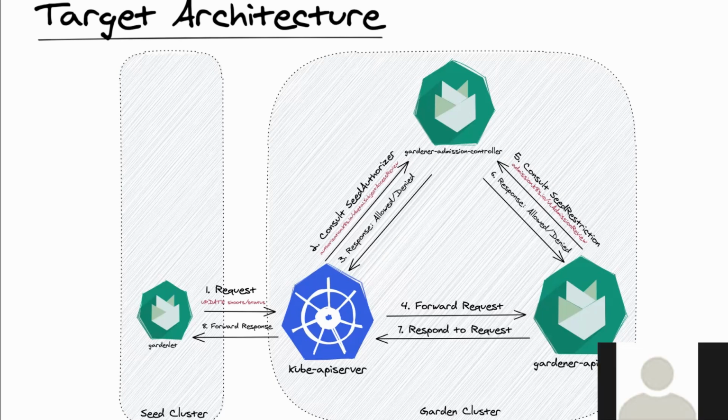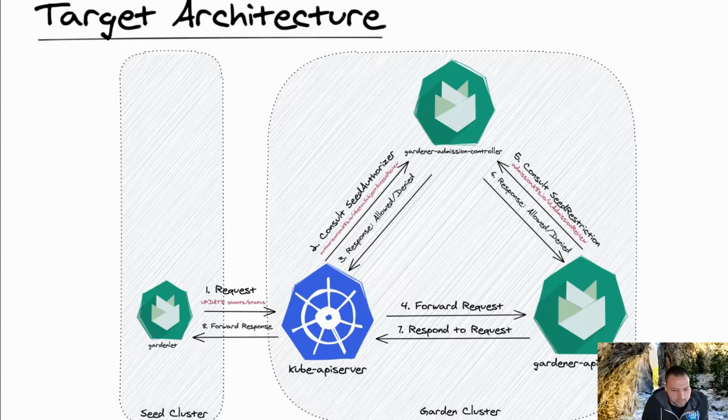Okay. And maybe another question. I understood theoretically why we also need this admission review in addition to the seed authorizer, so why we need the admission webhook in addition to the authorization webhook. But could you give a simple example of a request that cannot be properly handled just by the authorization webhook?